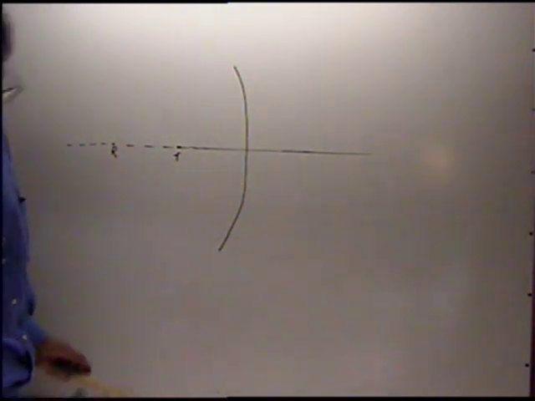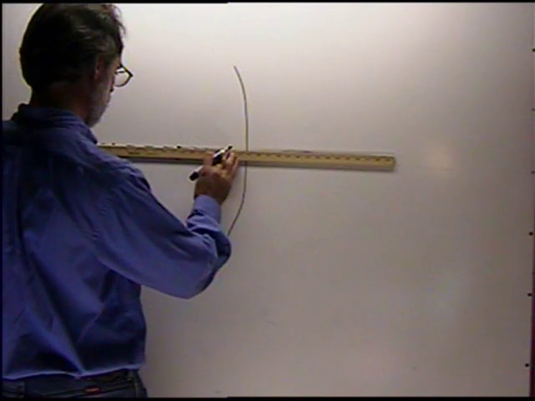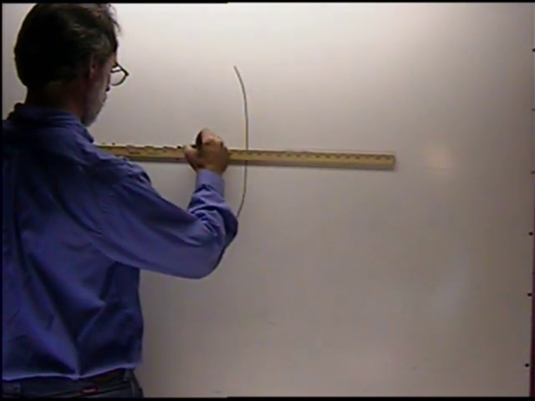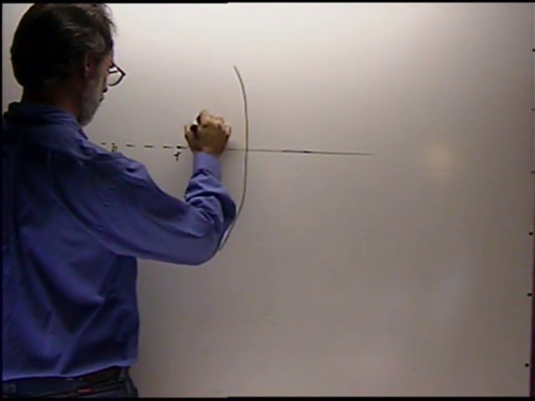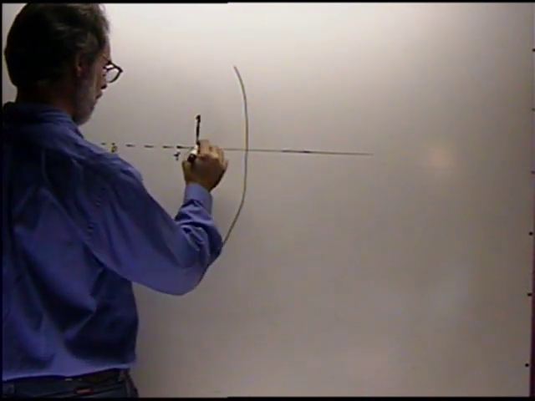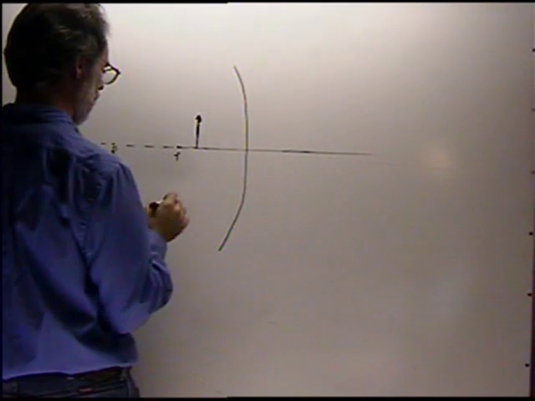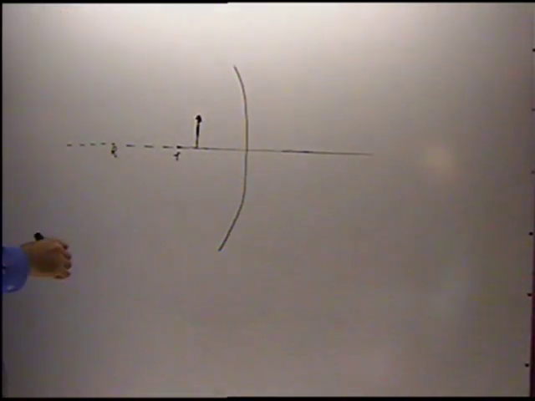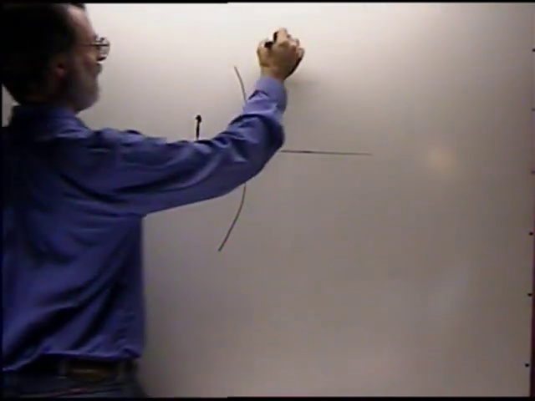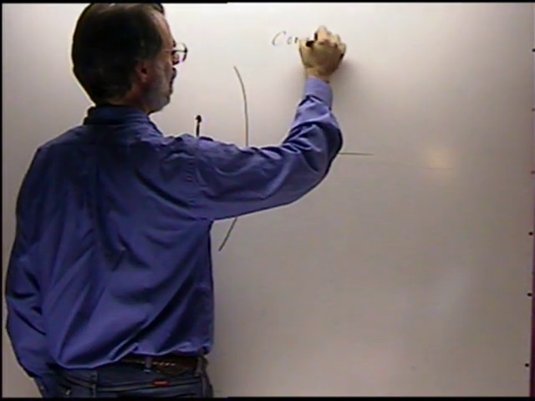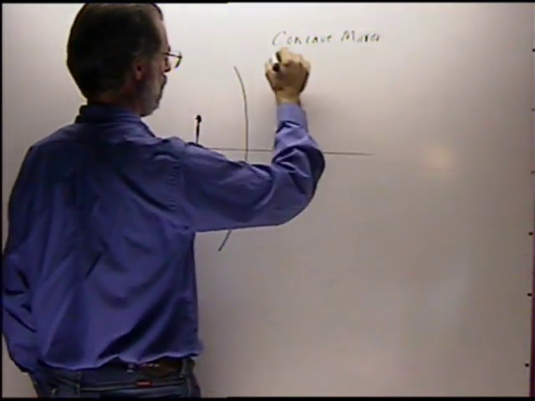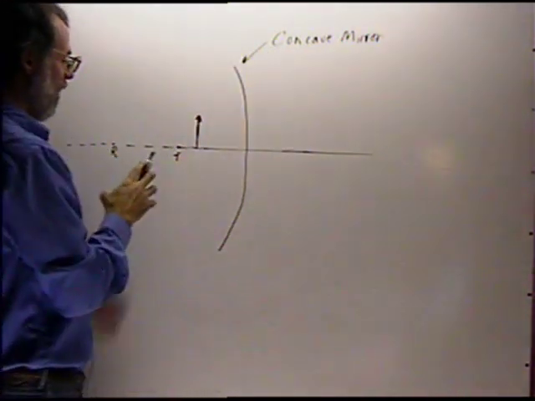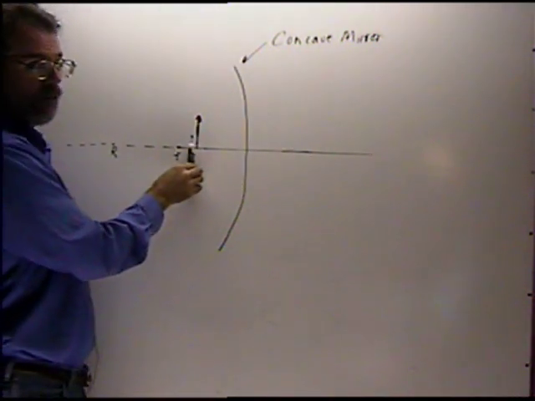And the object is 5, here's the object. So again, we have a concave mirror. The object is inside the focal point.